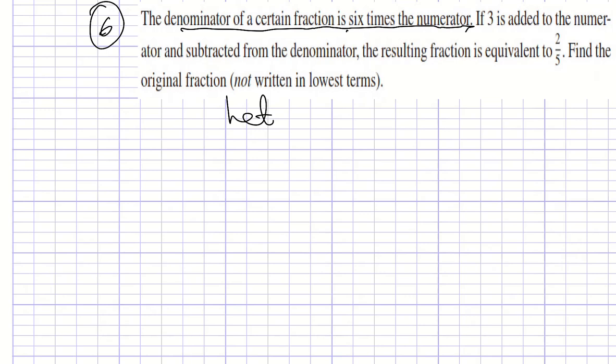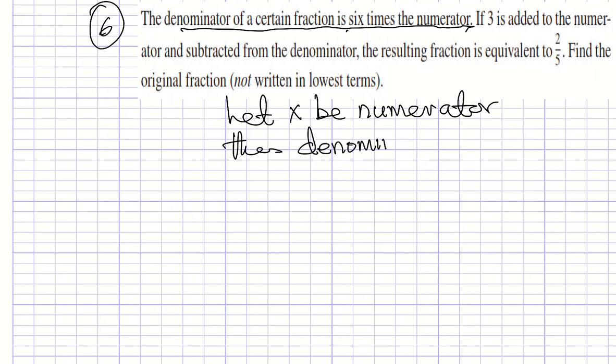So let x be the numerator, because they're comparing to the numerator. Then the denominator is 6 times x, 6x. That's what that is saying there. That one sentence is packed with a lot of information.